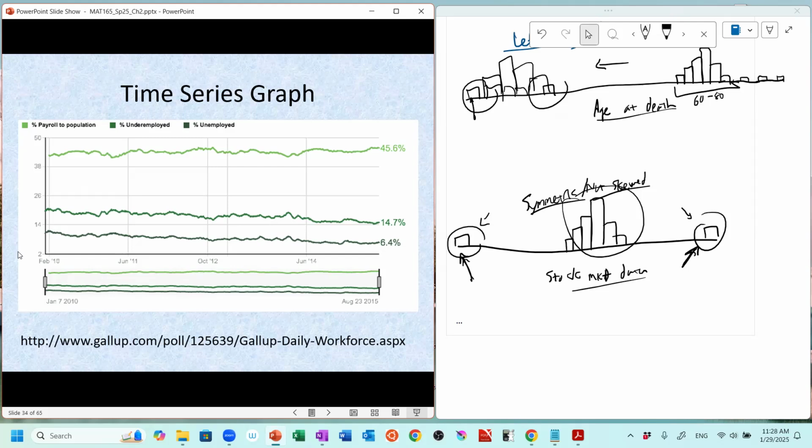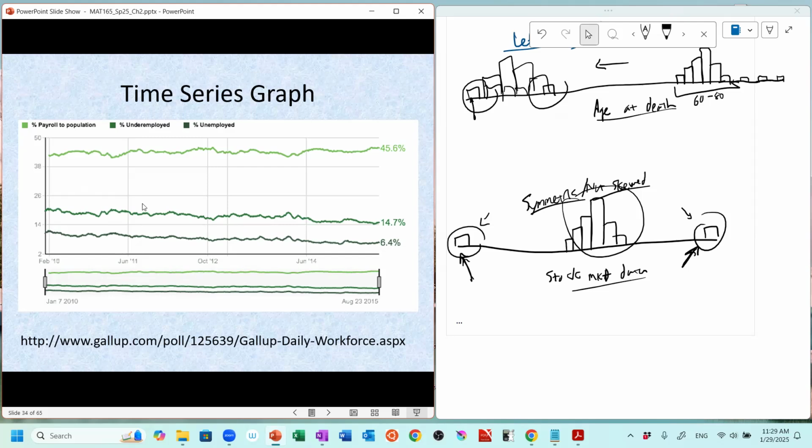Each day, Gallup, a company that does polls, will call or query a certain number of people and see who's unemployed, who's underemployed. They'll record that data point, and this is a progression over time for that couple year period.